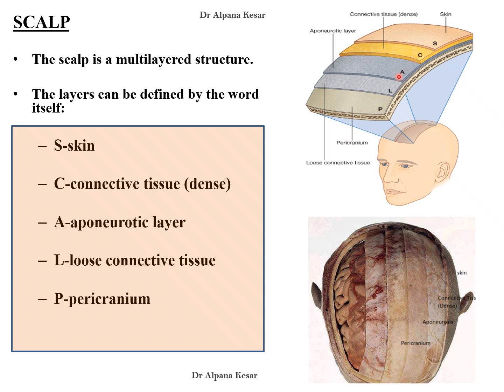The third layer is the aponeurotic layer, which comprises muscles and aponeurosis. The fourth layer is loose connective tissue, and the fifth layer is pericranium, which is the same as the periosteal covering of the bone.